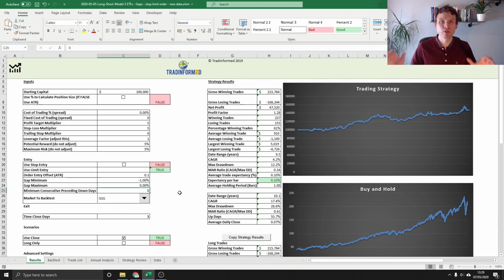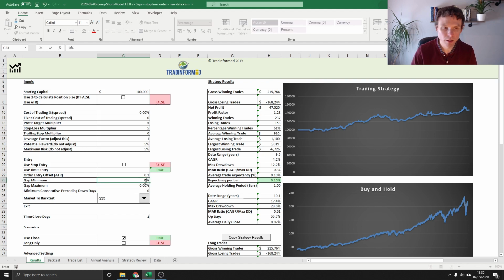Okay, so there's one final variable that I'm also going to introduce, and this is the minimum consecutive preceding down days. So we want to identify markets that are at least in some sort of downtrend before we enter into the trade.